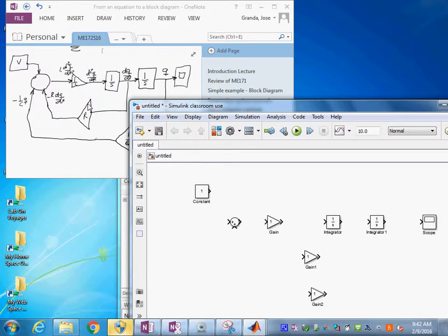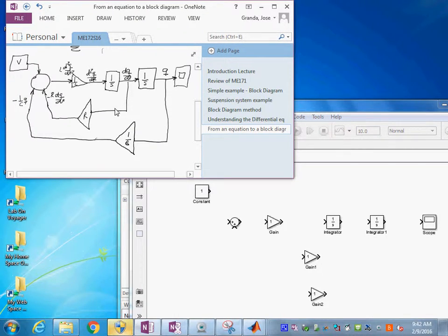In here we have, make it a little bigger here. Okay, so this is the voltage, the first element in there, right there.